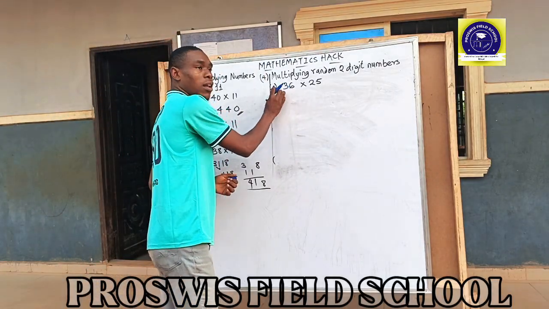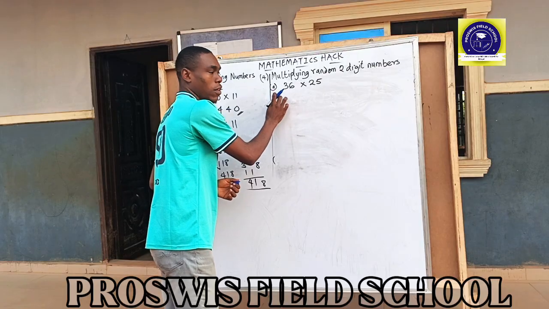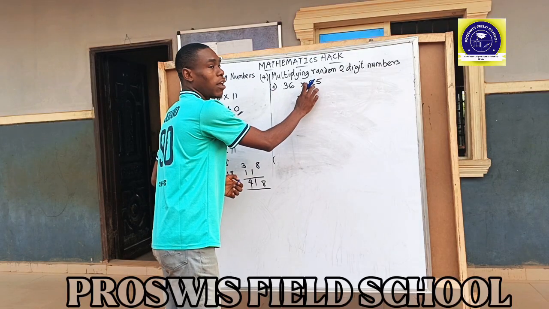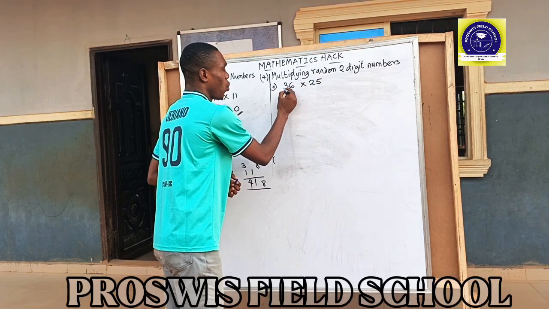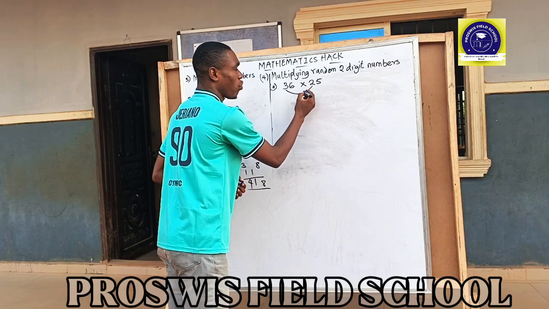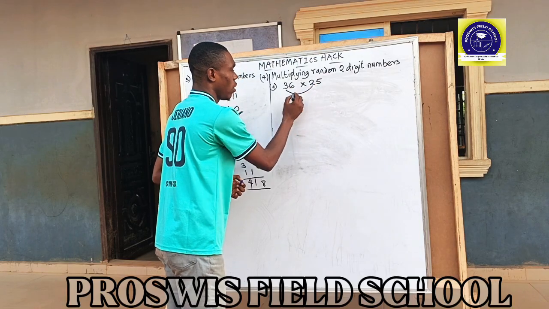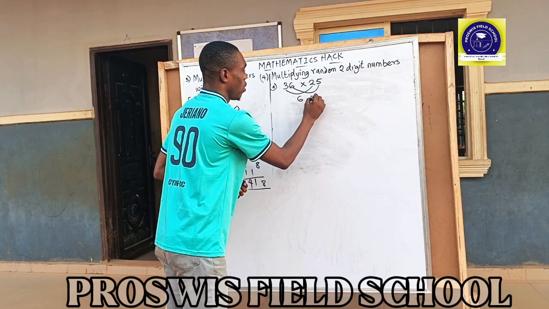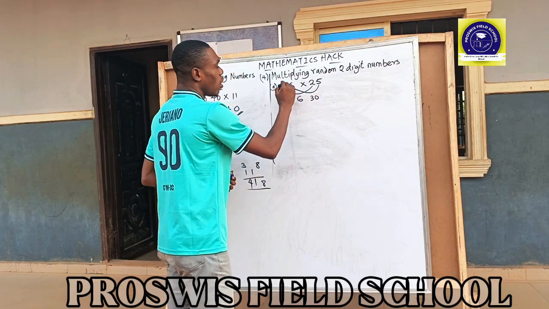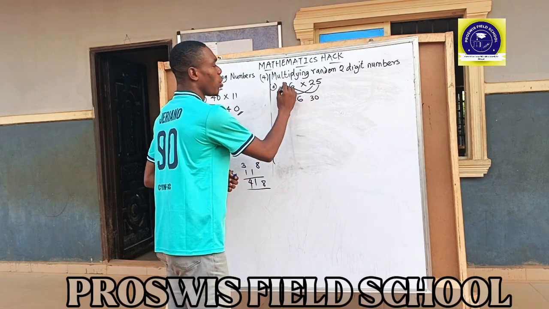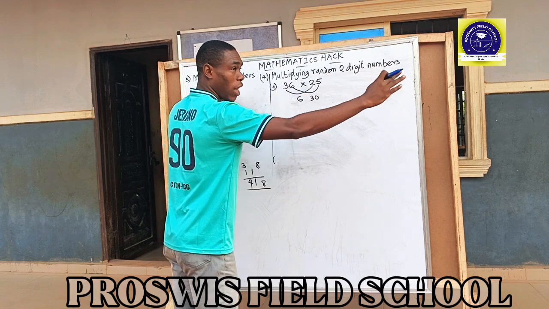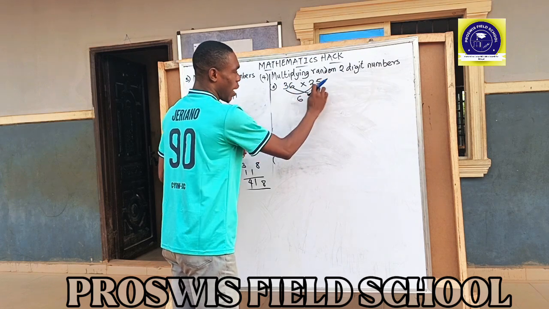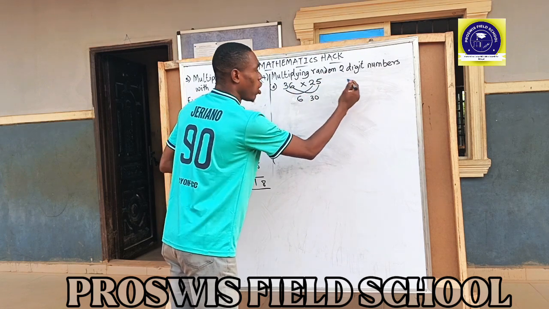Now, the first number with this, multiplying the first number, we are doing it this way. 3 times 2 is what? 6. 6 times 5 is what? 30. Okay. Now, we are going to multiply at both ends. Now 3 times 5 is what? 15.